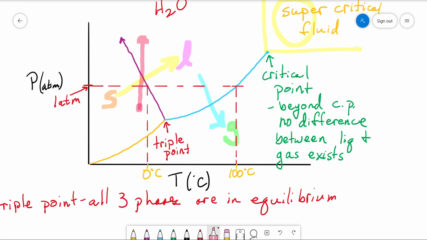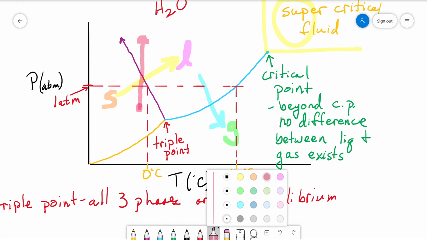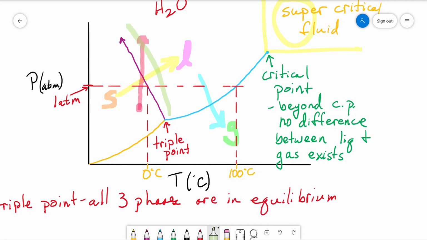There's more than just that going on, but that is one of the things going on with an ice hockey skater. And the reason that happens, notice the slope of that line. Okay, I know our phase diagram is getting really messy, but notice the slope of this line. That's a negative slope.